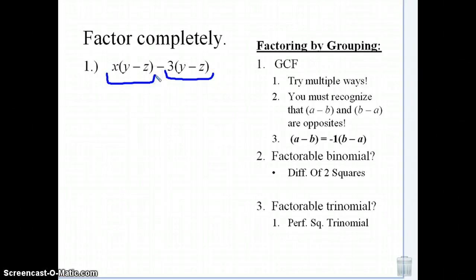Now, when I look at those two terms, I have factors in there. What factor is the same in both of them? Sam. Very nice. So I'm going to pull out my y minus z. And when I pull out my y minus z, what am I left with? Yes. X minus 3. Nice job. Completely factored.